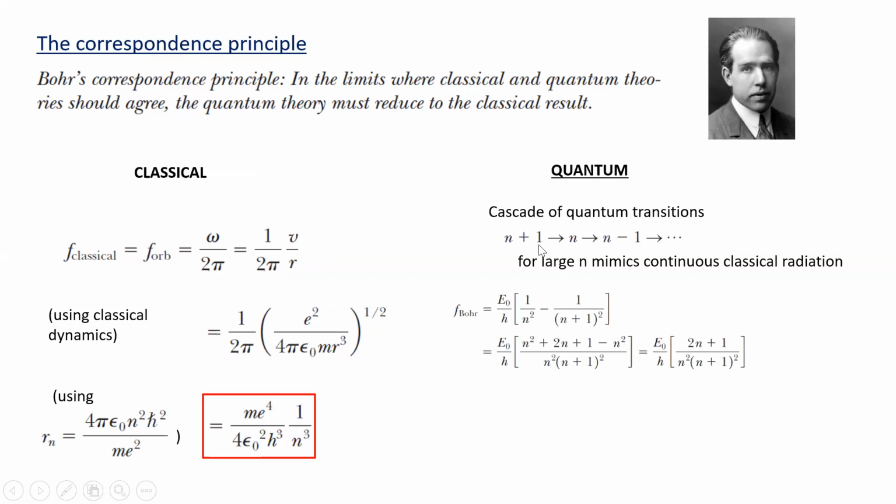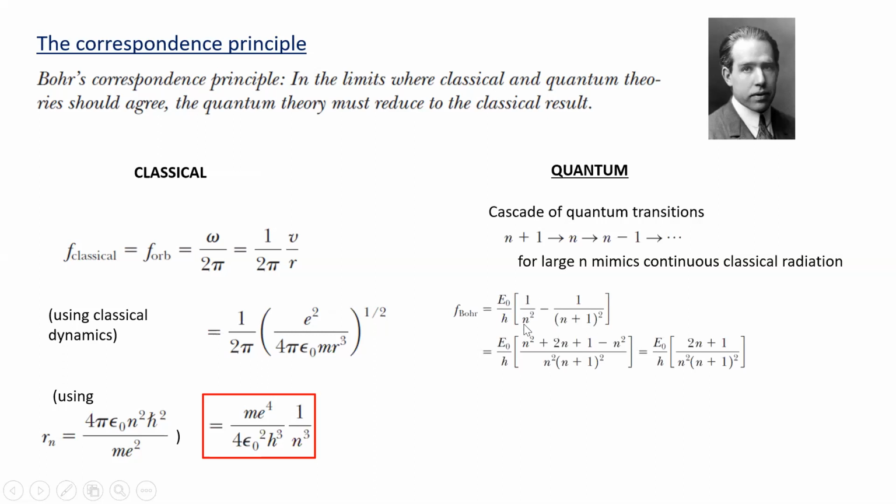And for n plus 1 going down to n, that would be the energy of the final state minus the initial state, the initial being n plus 1, the final state being n, and then dividing that energy by h, because energy is equal to hf.